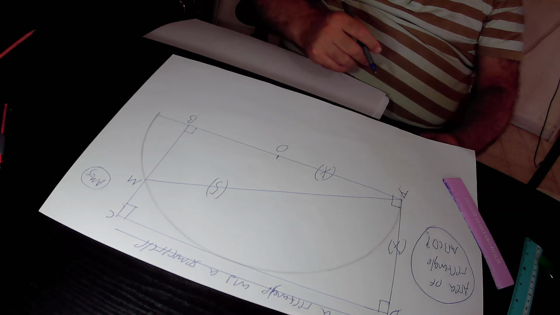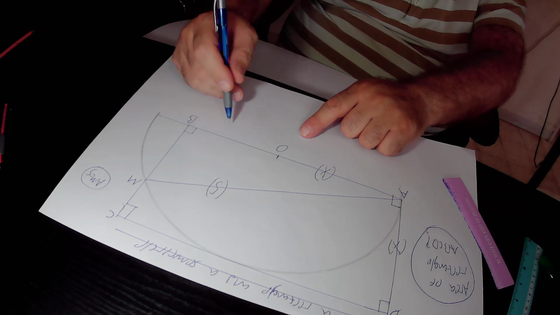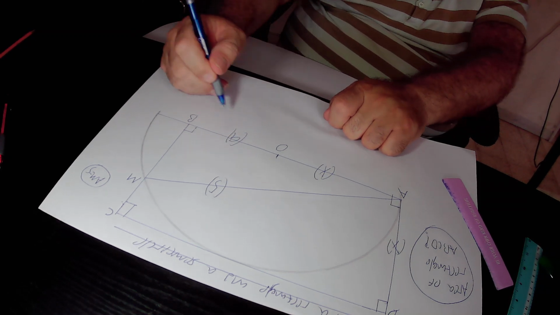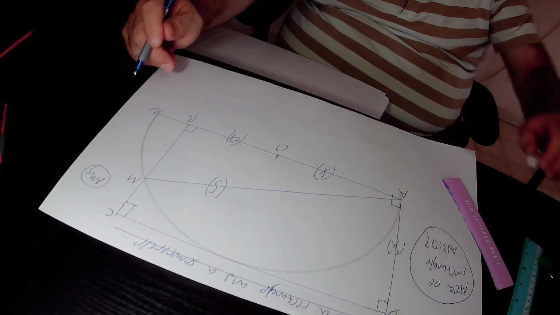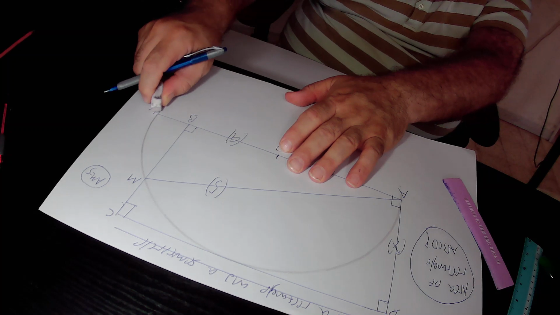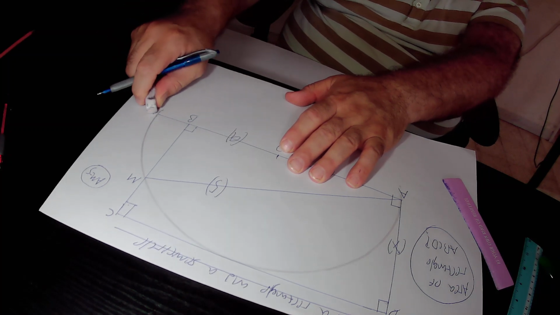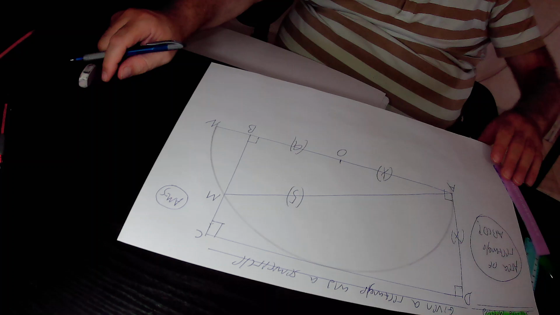In the next step, we define the length of this line segment OB as a, and we define this point as N. In the next step, we join points M and N together by a straight line.